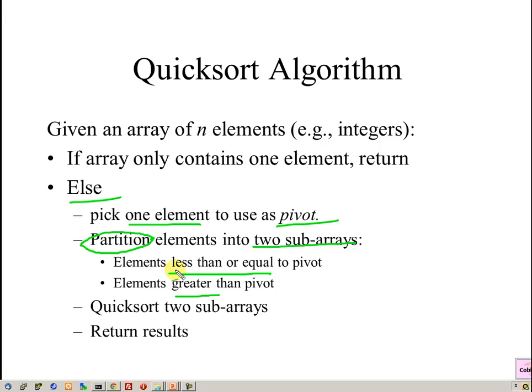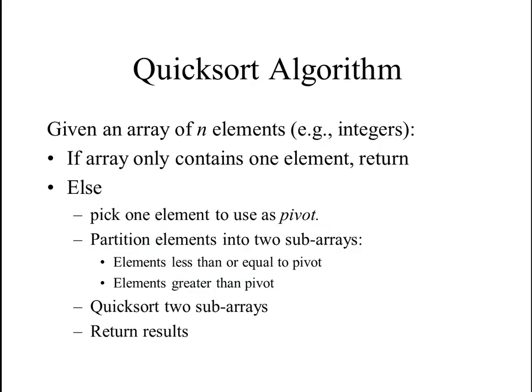So the pivot element becomes a benchmark based on which you divide into two parts. Once you divide it into two parts, you can recursively call quicksort to sort those two arrays, and then you merge the sorted arrays when you come back. So that is the concept of the quicksort algorithm.